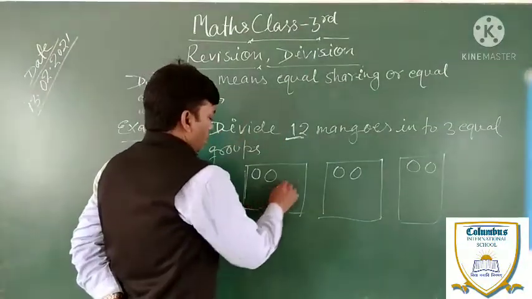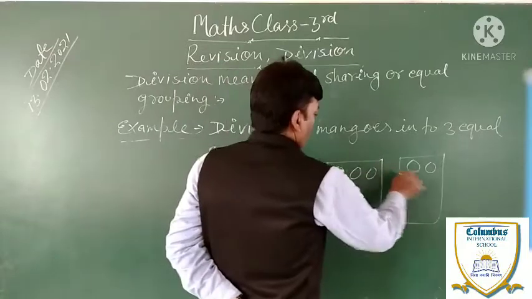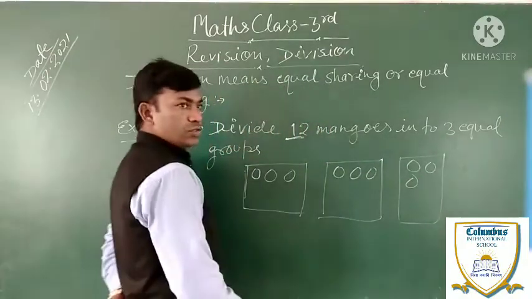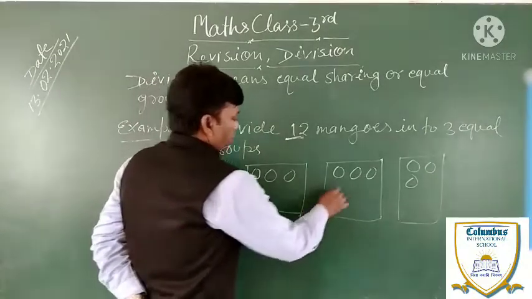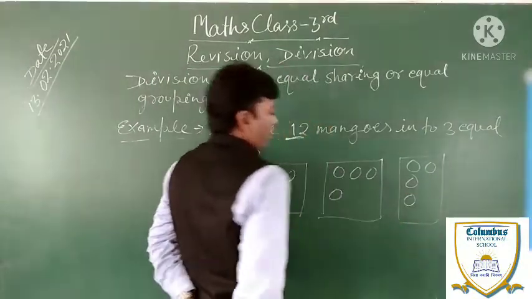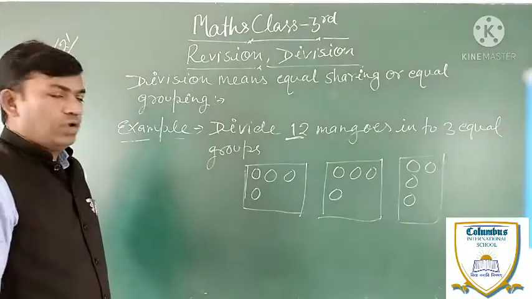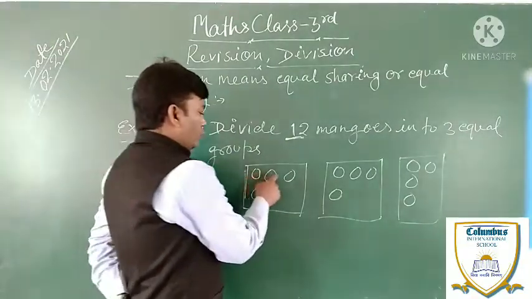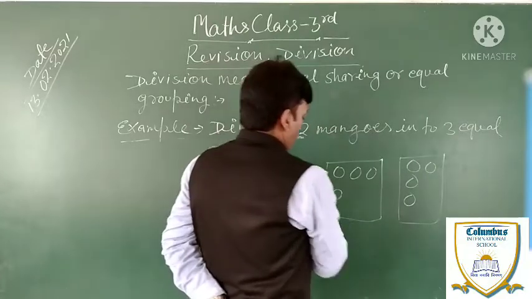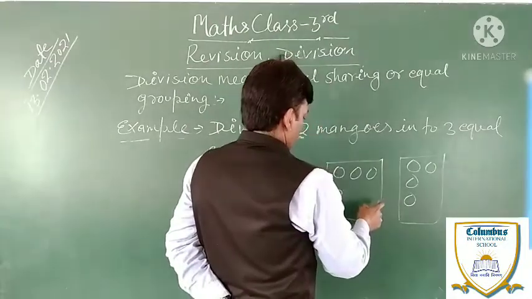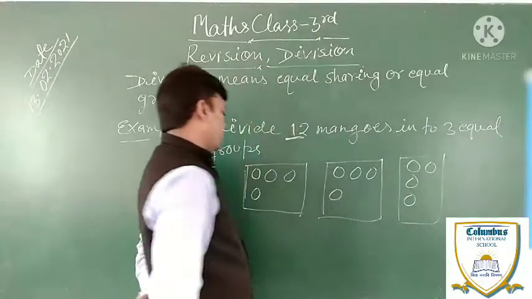Okay. Again 1 mango, 9 mangoes we have divided. Again how many? 12 mangoes. 1, 2, 3, 4, 5, 6, 7, 8, 9, 10, 11, 12. Okay.